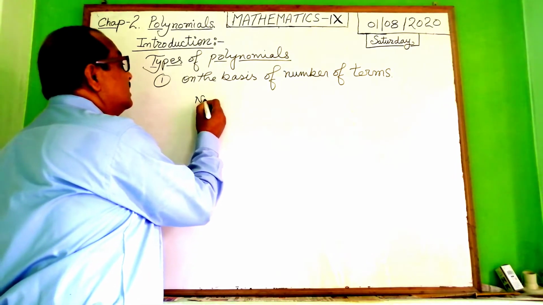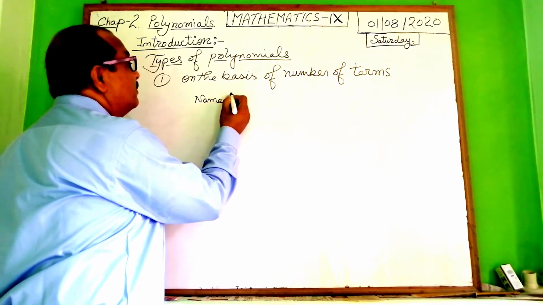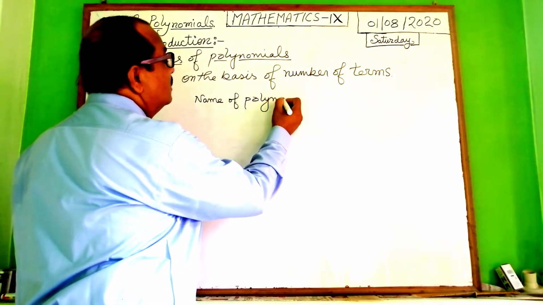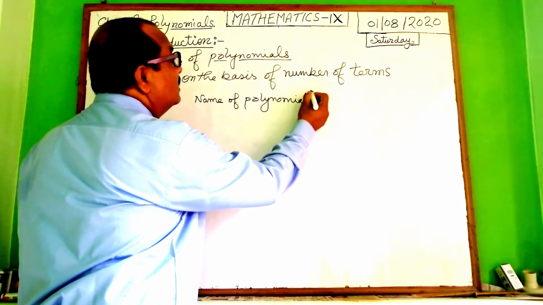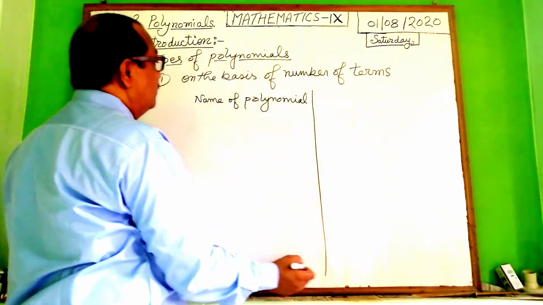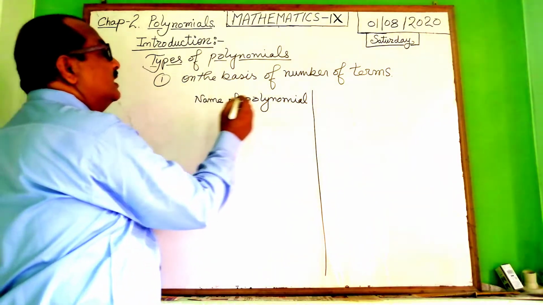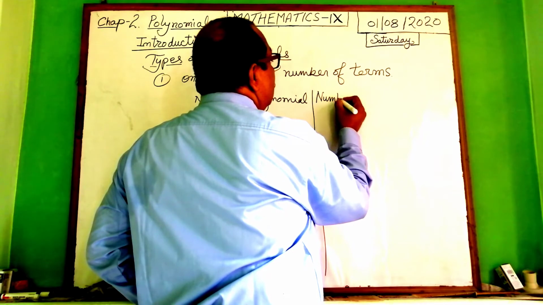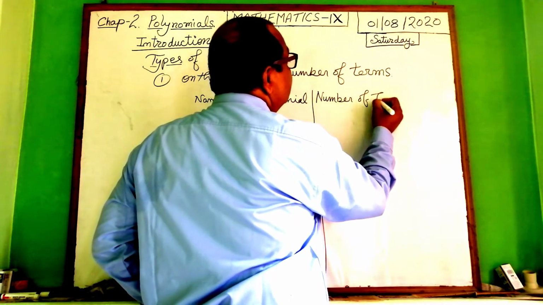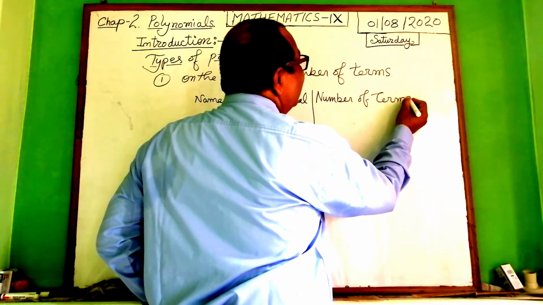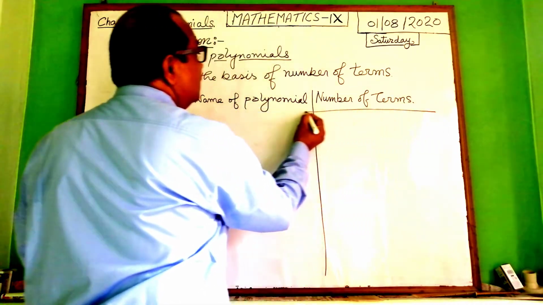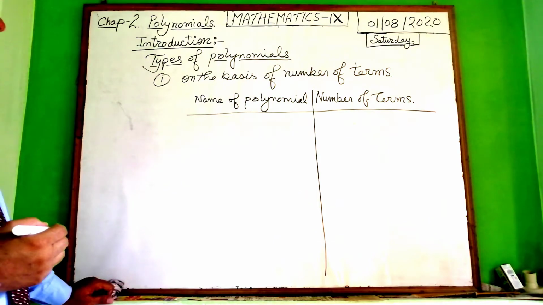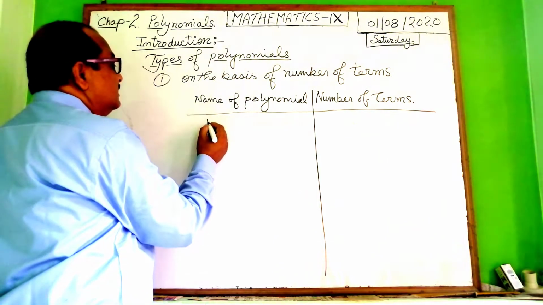First I would like to tell you the name of the polynomial and how many terms it has. I am giving you one chart: name of polynomial, and how you can define it.